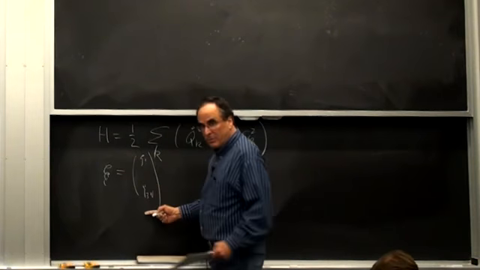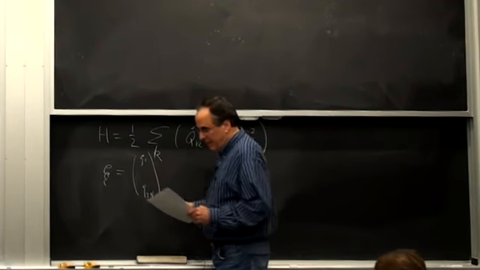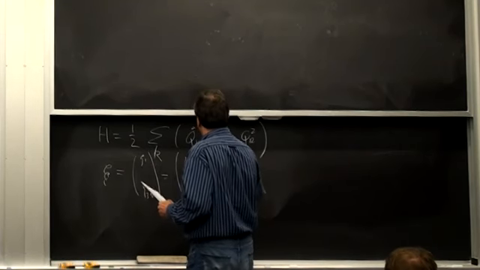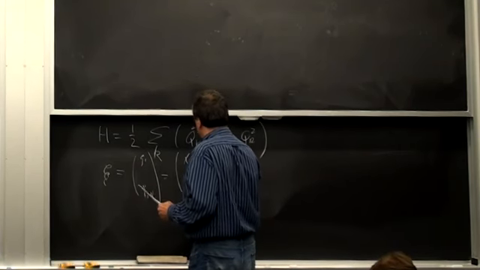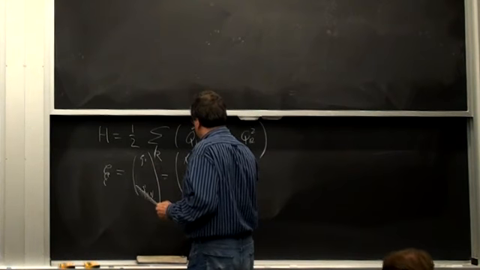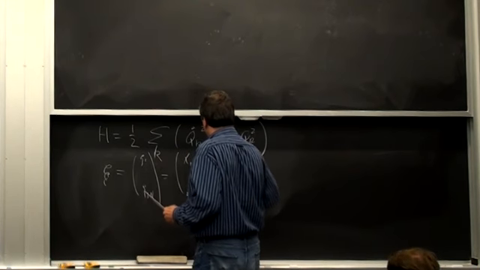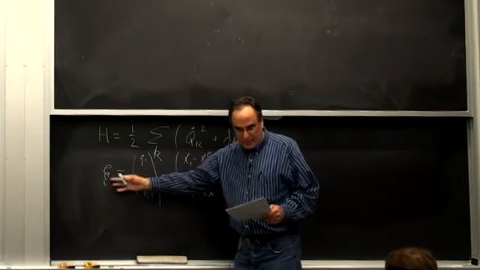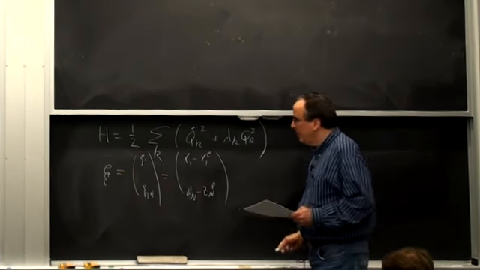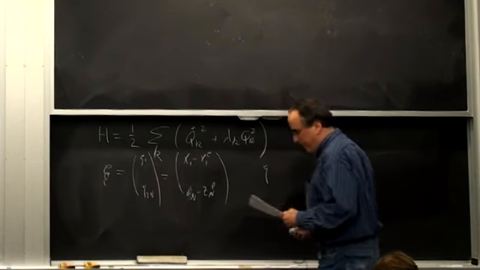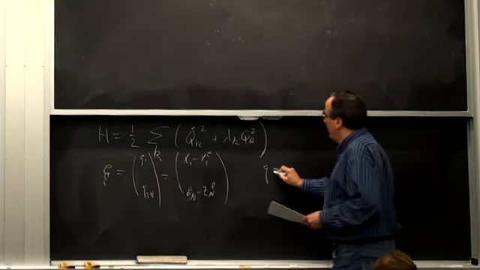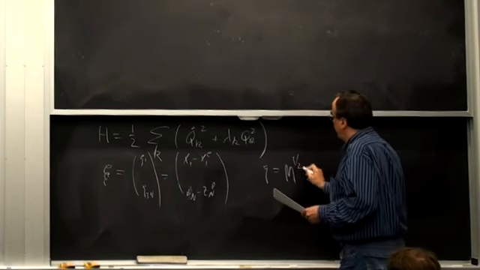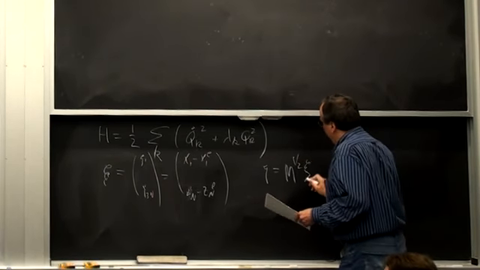So there are three of these, defined as x1 minus x1 equilibrium, through zn minus zn equilibrium. These are the simple displacements, and now we go to the mass-weighted displacements by multiplying by this mass matrix.